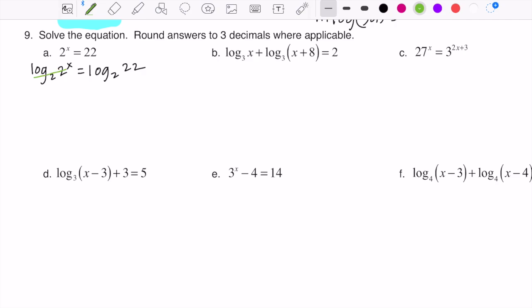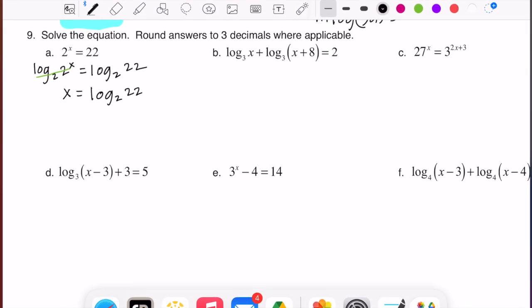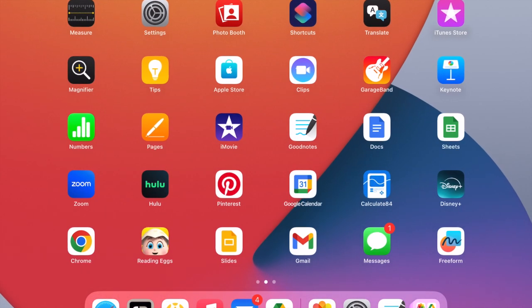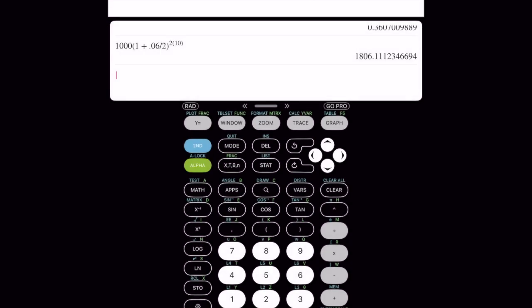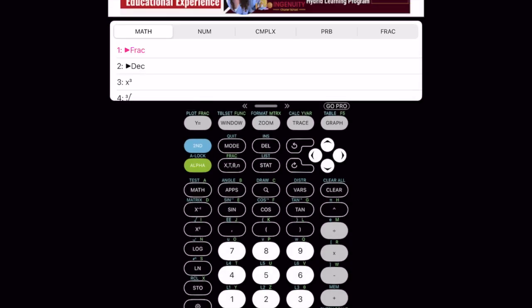Then the log base 2 and the 2 are inverses, so they cancel each other out on the left side, but they don't cancel each other out on the right side. So that is our non-calculator answer. And then if we need our calculator, let's see, you hit math, and then there's log base.